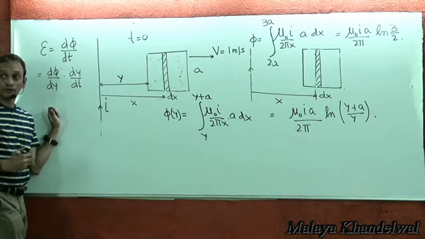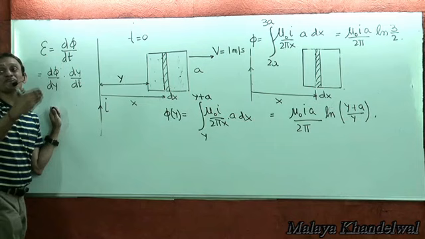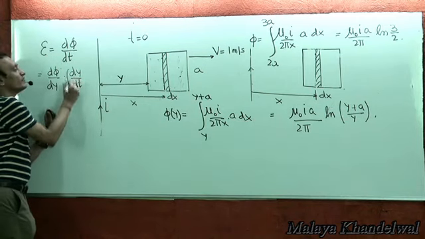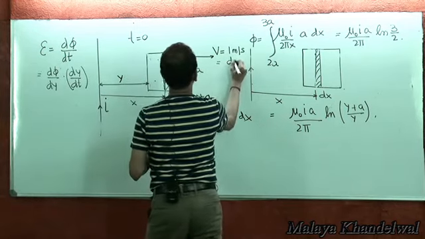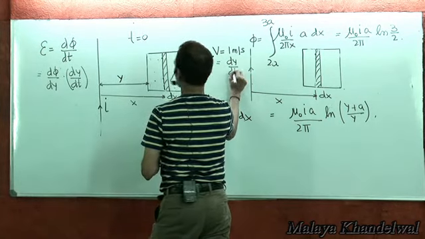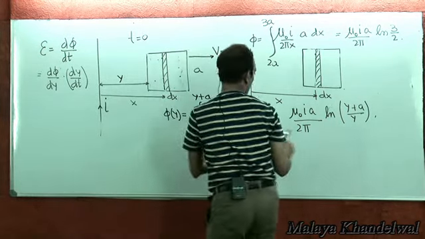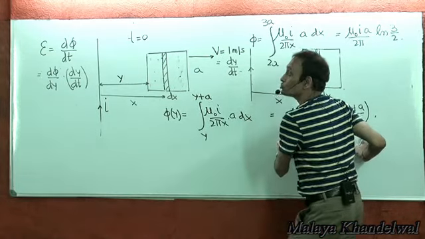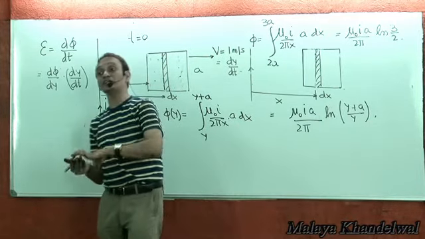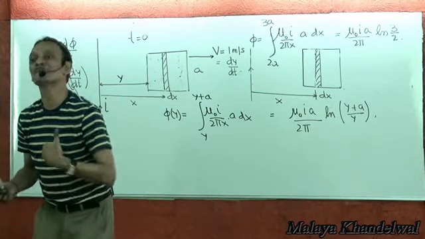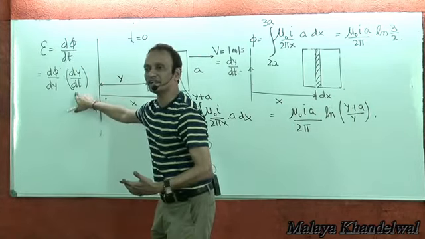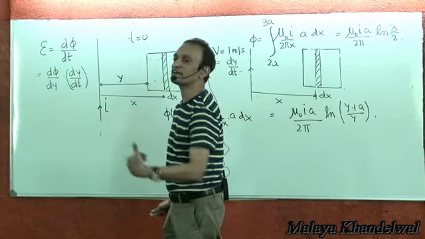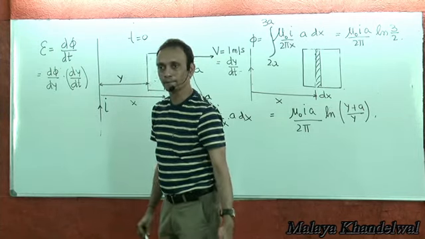This will give you the EMF as a function of y, where dy dt you can write as 1 meter per second, and d phi dy you can obtain by differentiating this. So you would get the EMF generated in the loop as a function of y. Yes or no? Dy dt is 1. Clear?